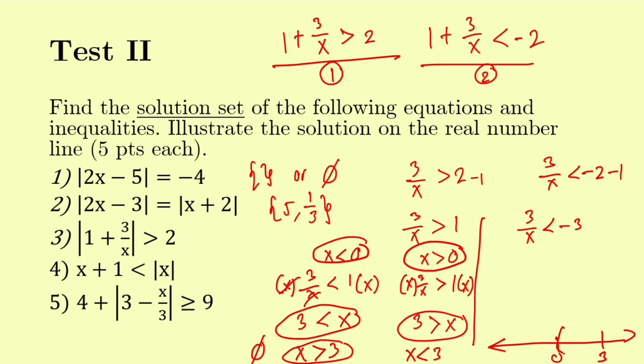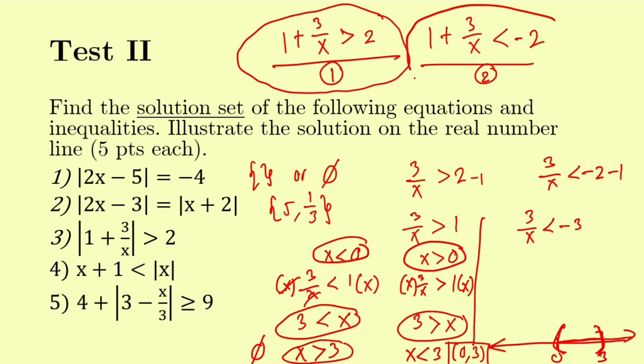Yung isa papunta doon, yung isa papunta doon. So, yung values between 0 and 3 kasama siya. Meaning, dito sa second part na to, pwede si 0 at saka 3. So, yun yung sa case 1. Case 1 pa lang yun, inequality 1 from this part.